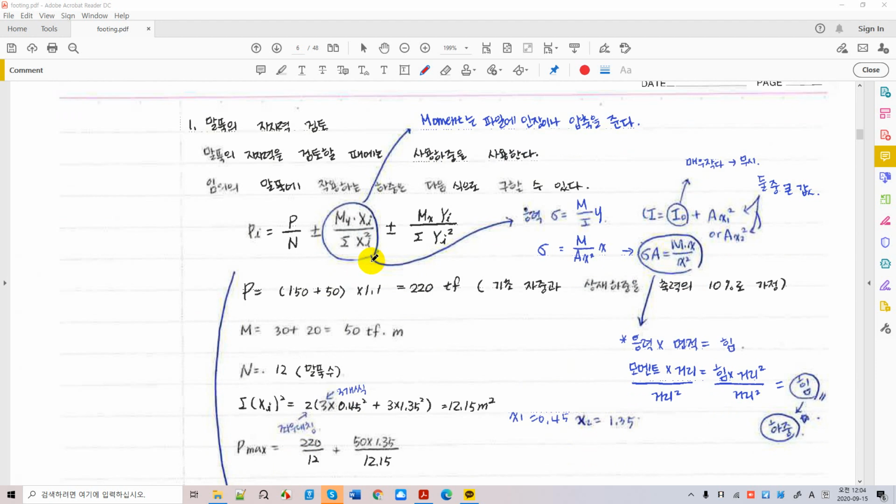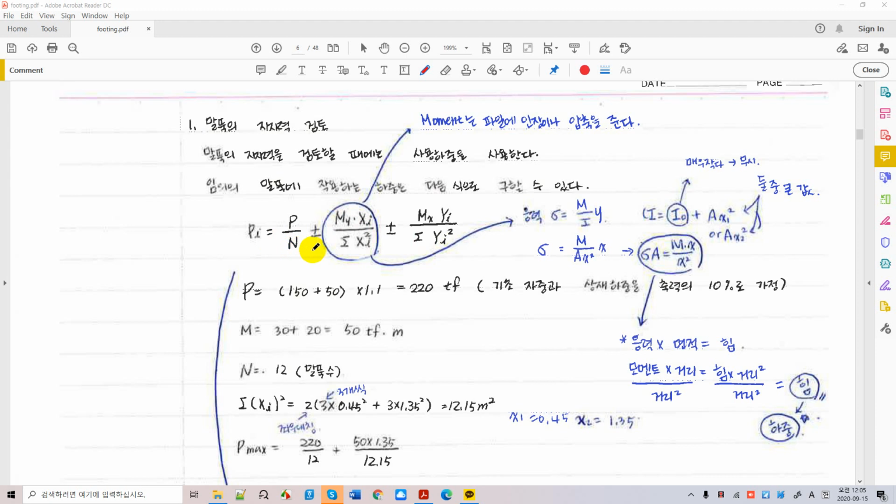Here we assume the number of piles, somewhere around 12, right? Well, you can calculate this, but when you have an overturning moment, it's not convenient to calculate the number of piles directly. So we just assume the number of piles, which is 12, right?